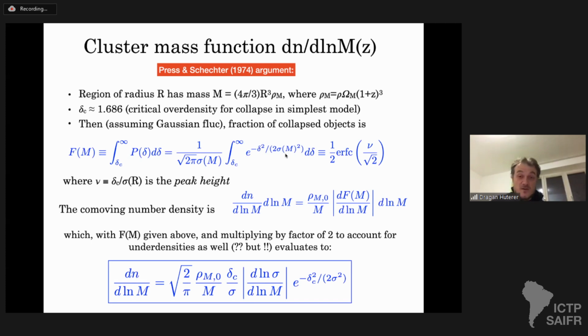So if the distribution is Gaussian, you integrate that, and you get the error function. That's the integral of the Gaussian. It's the error function of nu, where nu is the peak height, delta c divided by sigma. So this is where sigma of r plays a role. Sigma entered here as the variance of delta, right? This is where sigma enters originally.